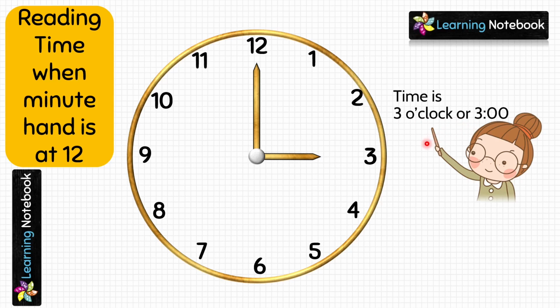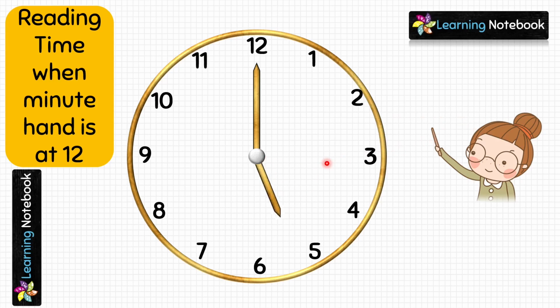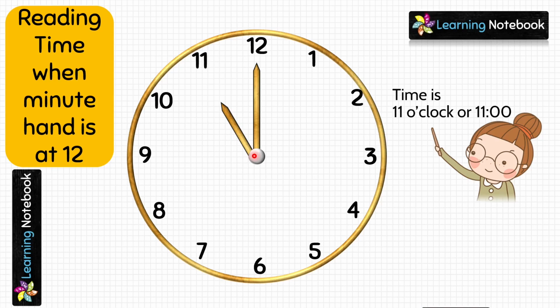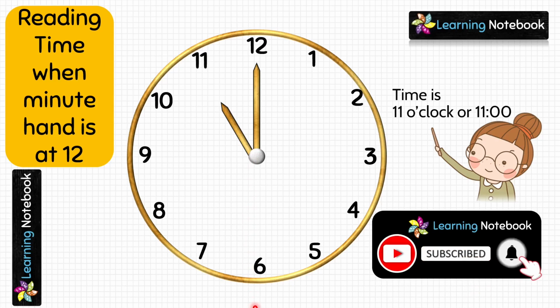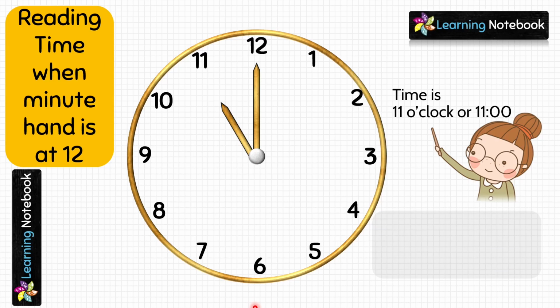Let me move the hour hand to 11 this time. Now can you tell me the time being shown here? Yes, this time is 11 o'clock or 11. So this is how we read time when the minute hand is at 12.